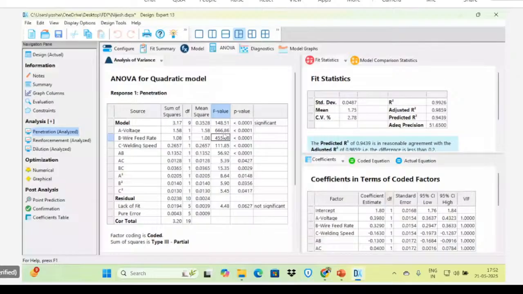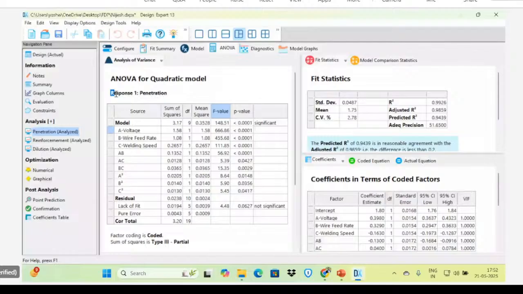So that is how we can find out the percentage contribution of all the factors and the model also, so how the model is contributing. Seeing the F value, we can see voltage is the dominant factor for penetration. This is only one response, the first response, that is penetration.